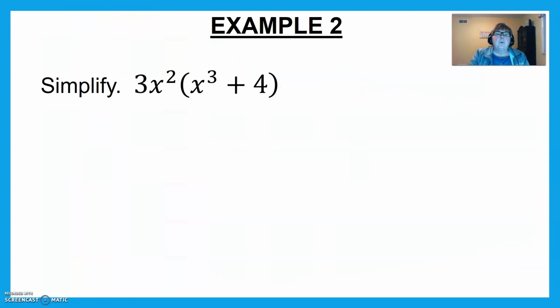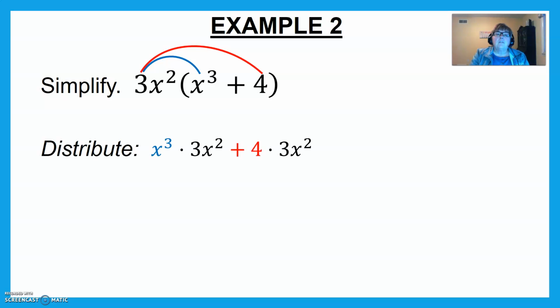Our next example is similar. I'm again going to distribute that 3x squared to everything inside the parentheses, so it goes there and it goes there. So when I do that, it looks like this: x to the third times 3x squared plus 4 times 3x squared.